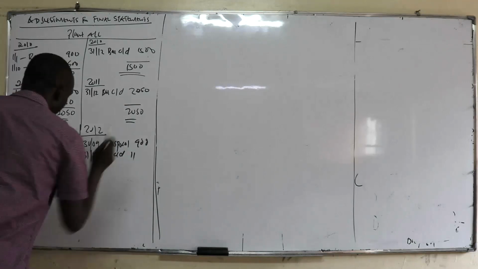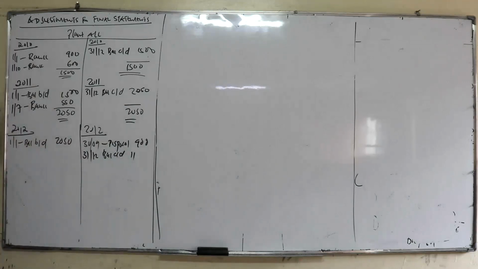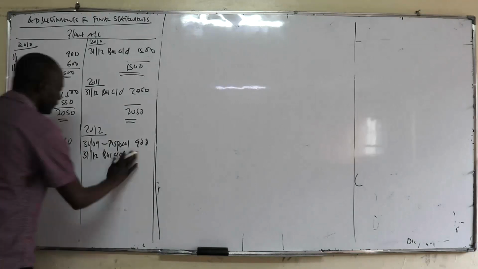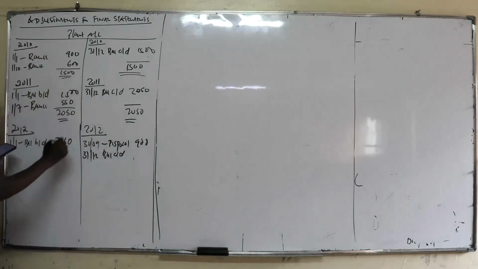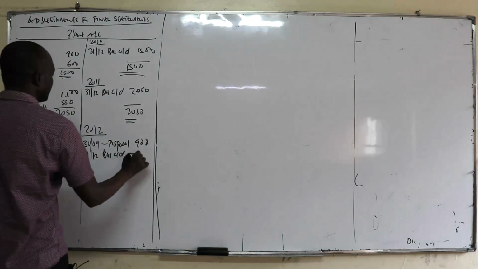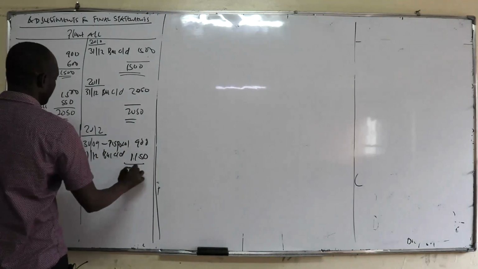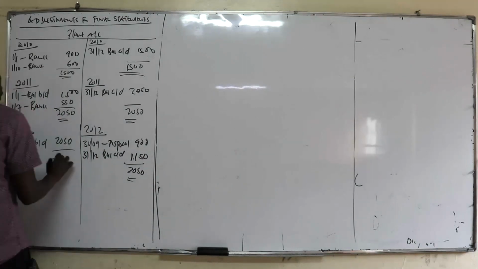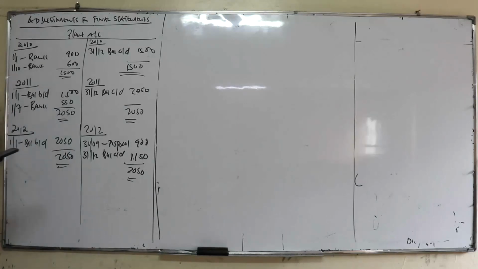You eliminate 900. Are we together? Yes. Now the balance brought down was 2050 from 2011, and you sold off 900. So you remain with 1150. So that is how the asset account appears. I don't know whether you followed. Yeah, I followed.